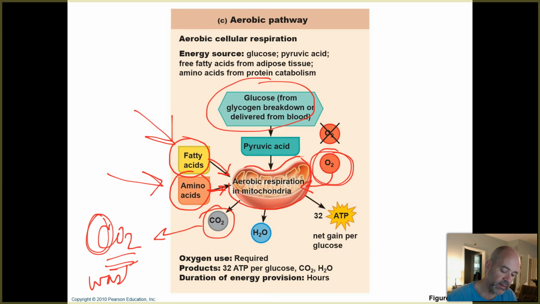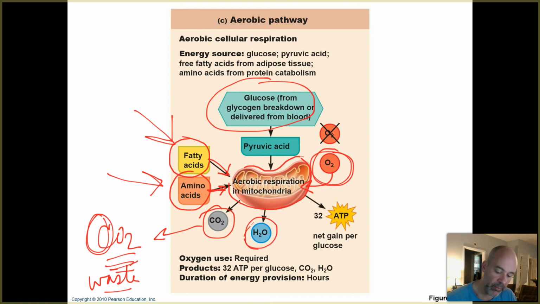CO2 is a waste that our cells give off. That's something you need to keep in mind for biology 202, and it's going to come up pretty frequently. CO2 is a very important waste. It affects the pH of your body fluids, and that's why it's so critical and will come up for you a lot in biology 202.